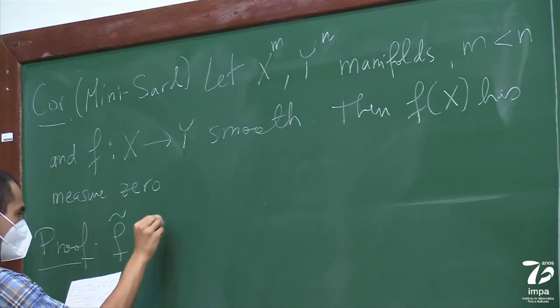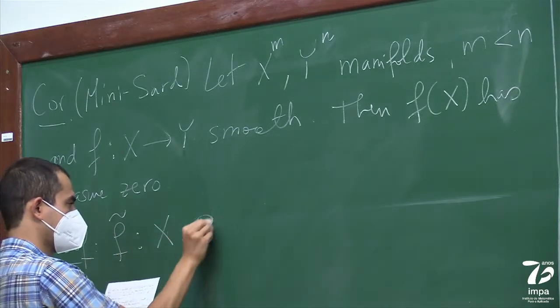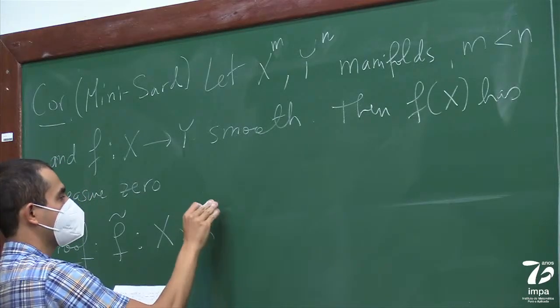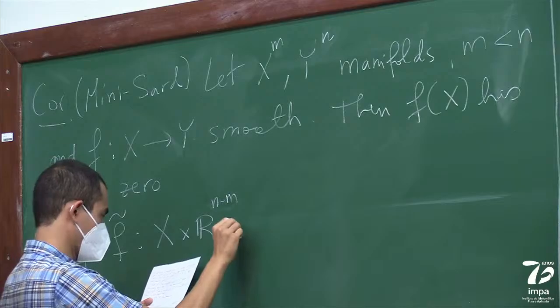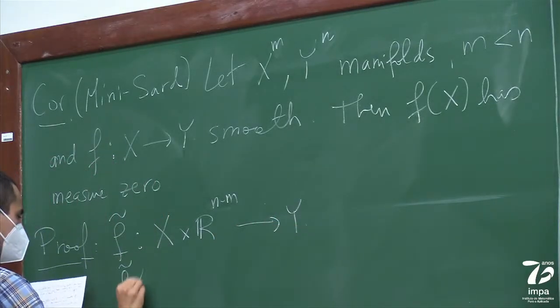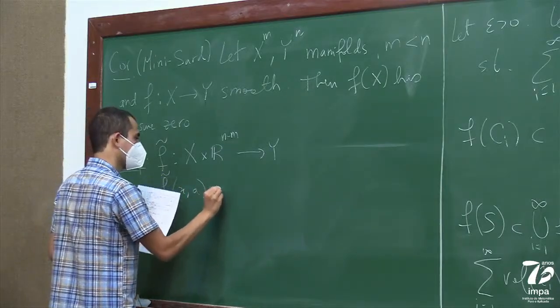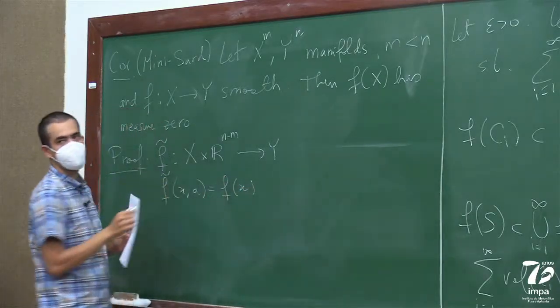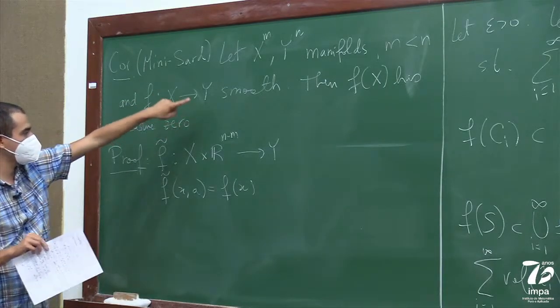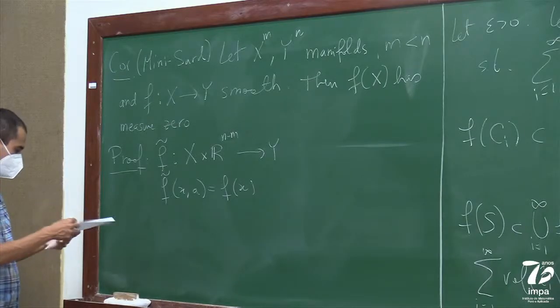So f tilde, that goes from X times R^(n-m) into Y, given by f tilde of (x, a). It's kind of just an exercise in notation. Really, the harder result is that proposition. So you just basically factor your function f by this function f tilde.